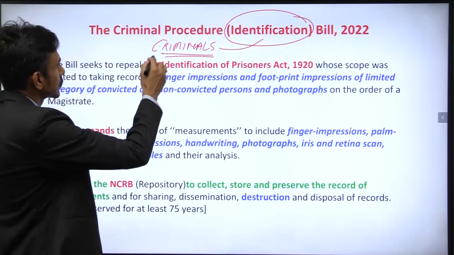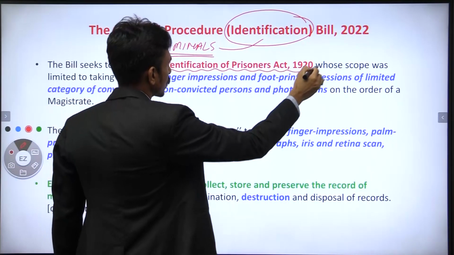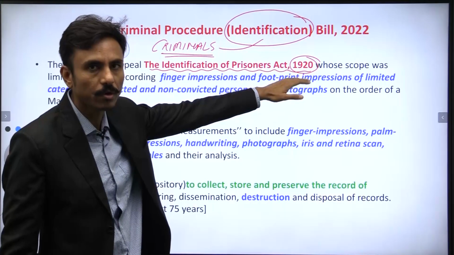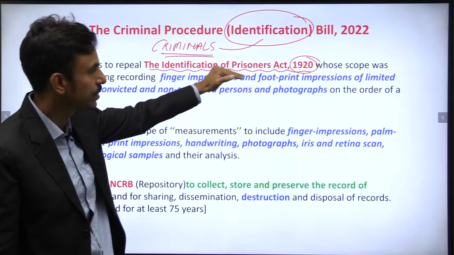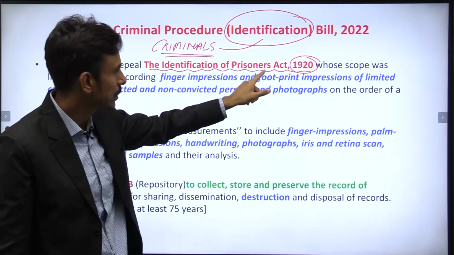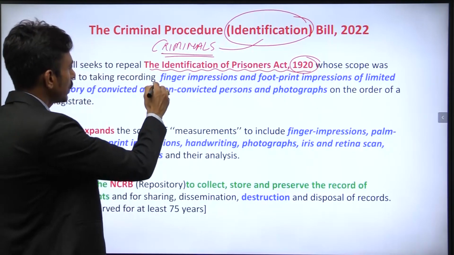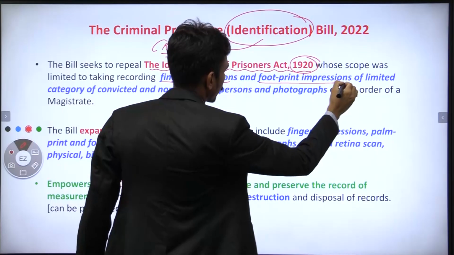Now it would be amending the Identification of Prisoners Act of 1920. It is a draconian British colonial law, the Identification of Prisoners Act. It included measurements like finger impressions and footprint impressions, right?